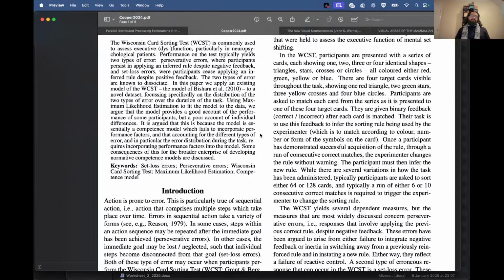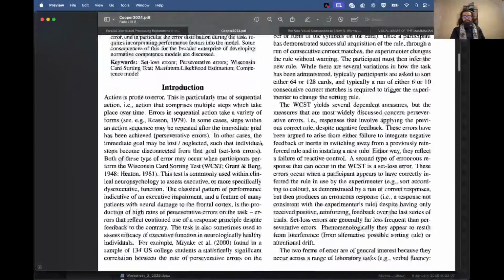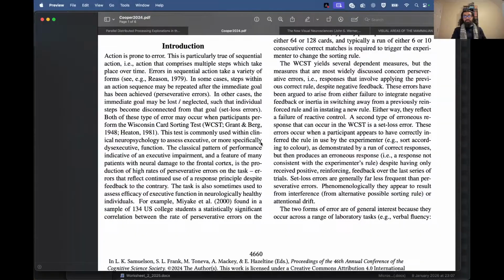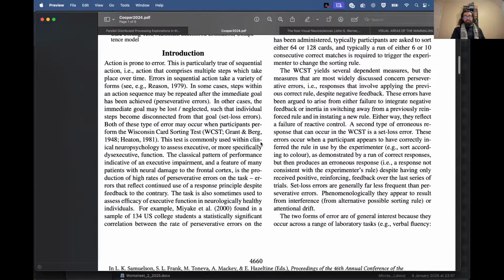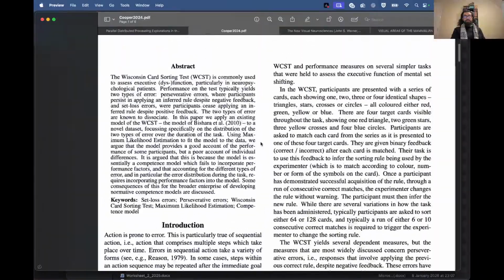So there seem to be errors amongst American students that were statistically significant. They were committing perseverative errors, which means they repeated steps within an action even after the goal was achieved. Okay, so they seem to be failing more than improving.